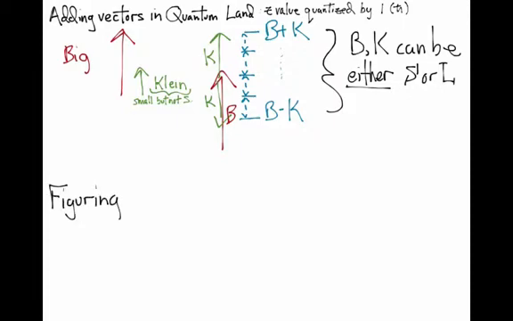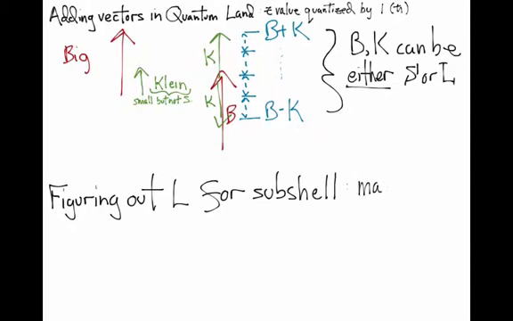Now, the next thing is, how do we actually figure out the value of capital L if we have some subshell? And basically this works for any subshell. So if I have all of the p's, the d's, the f's, whatever I'm trying to fill up, the technique is really pretty simple.